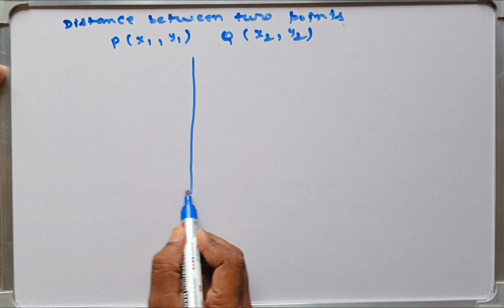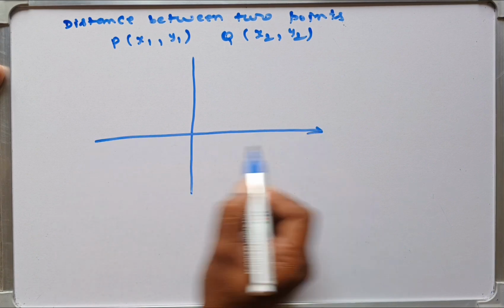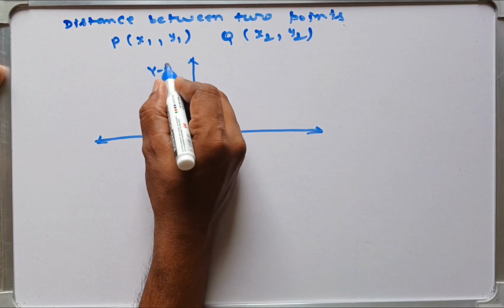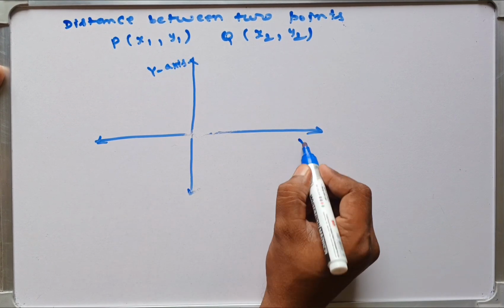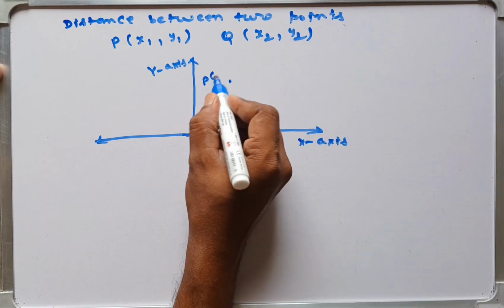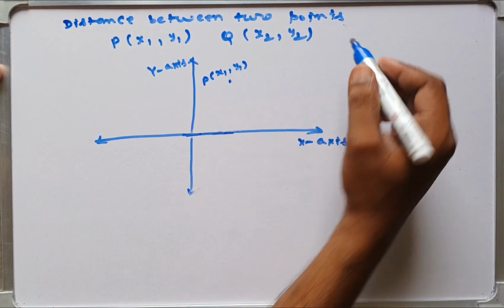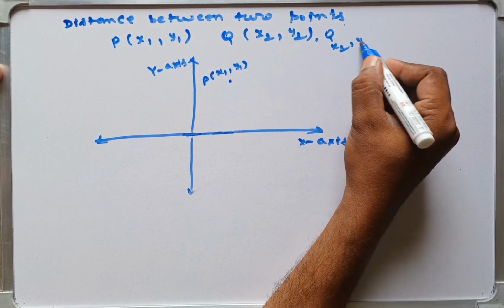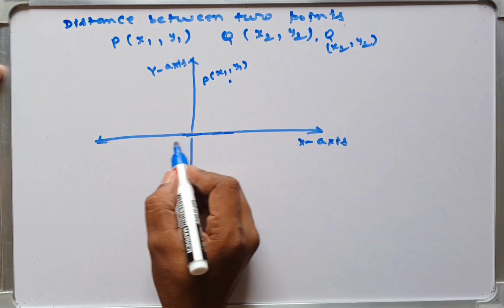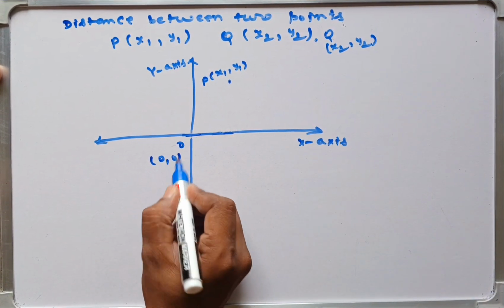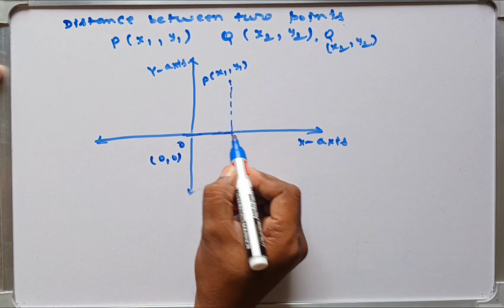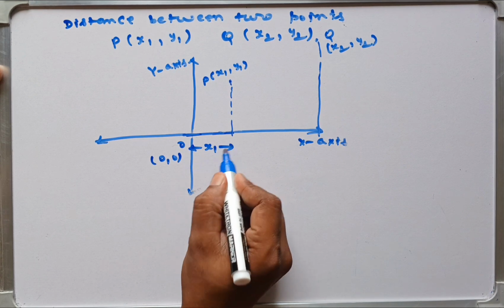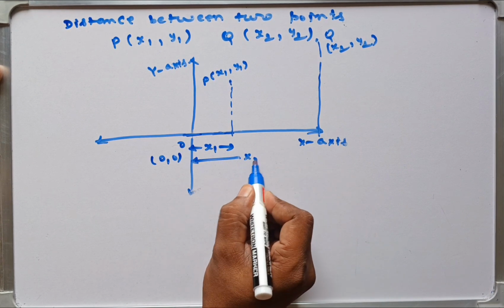So if we plot these points on graph paper, okay, the P coordinate is x1 comma y1, and this one is Q, then x2 comma y2. Okay, and this is the origin, 0 0. So if we do it like this, this value is, guys, x1 and this value is x2.